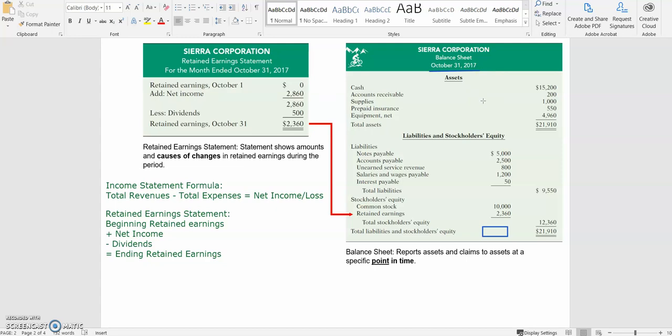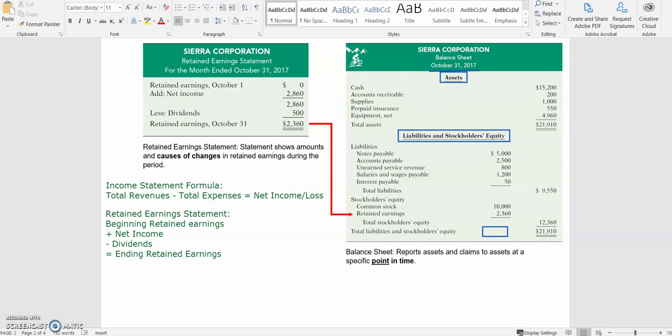Maybe it's 6 o'clock p.m., maybe it's 11:59 p.m. But the balance sheet provides us with a snapshot of the company's financial position at a particular point in time. And what we want to understand is the company's assets, all of the resources that they have, compared to their liabilities, which are the amounts owed, and the stockholders' equity, which is the owner's claim to the business.